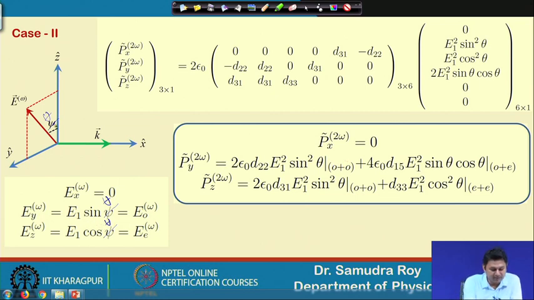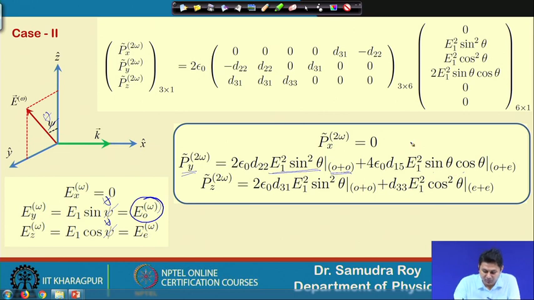If I consider this thing here, E 1 square sin square theta is basically the components of the ordinary wave. So, 2 ordinary waves are merging to generate the polarization along y direction. Also here we have E 1 square sin theta cos theta.